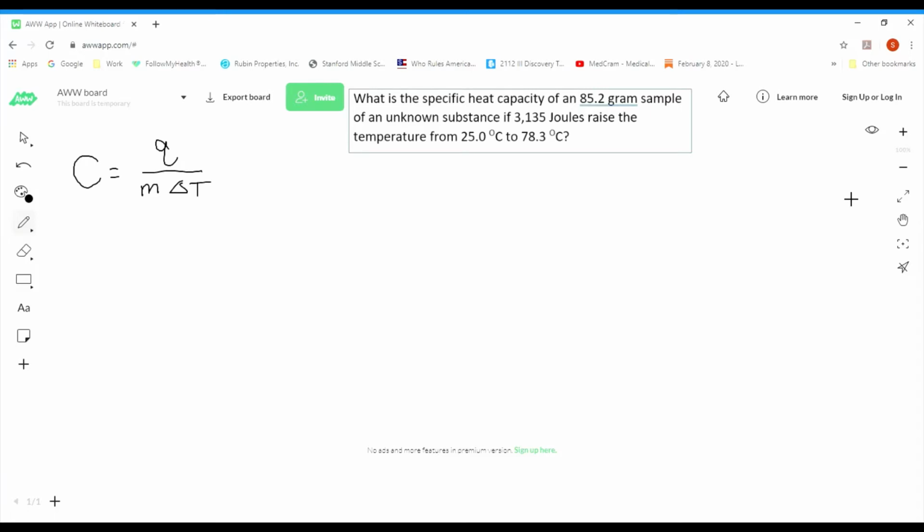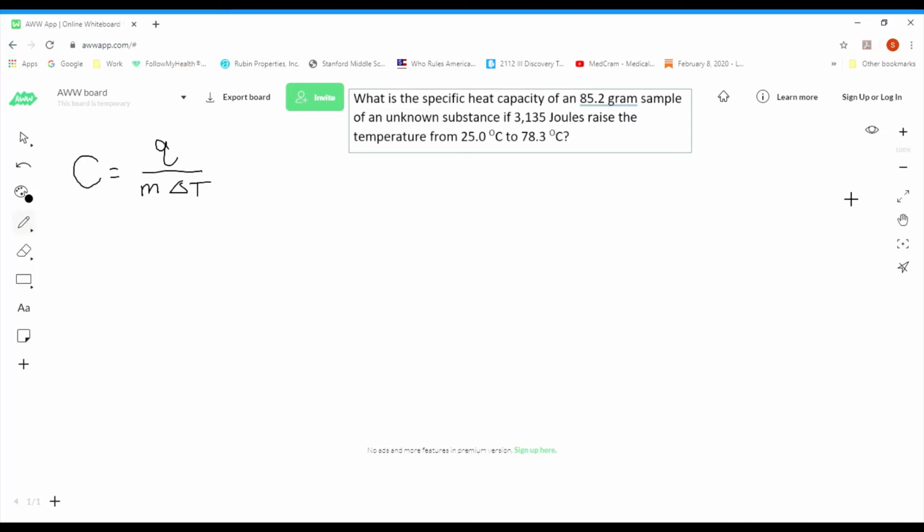So divided by the product, M times delta T. You have to multiply those two things first, then divide Q by that. Q is in joules, M is in grams, and delta T is in degrees Celsius, so we'll have units of joules per gram degrees Celsius.